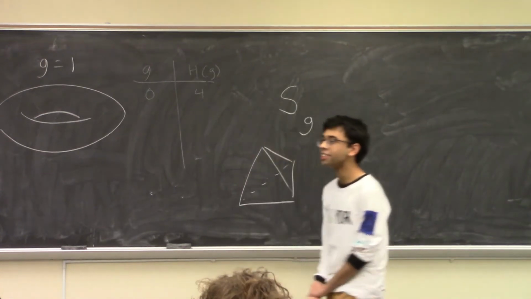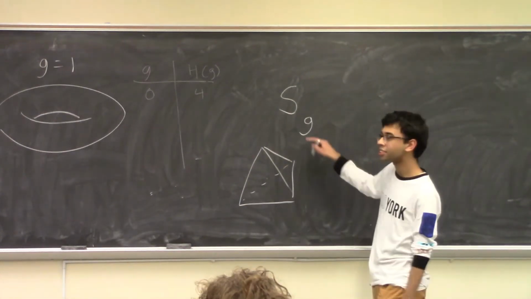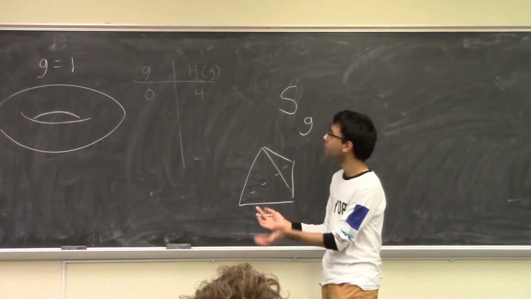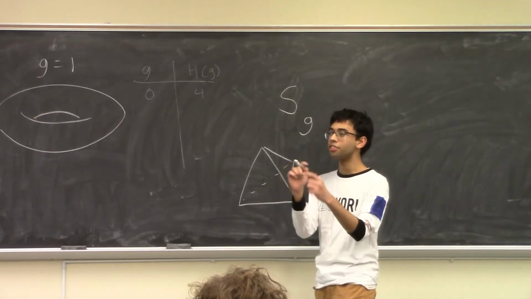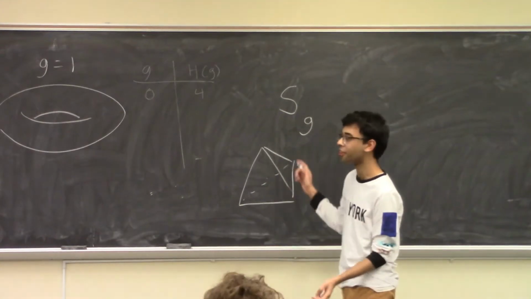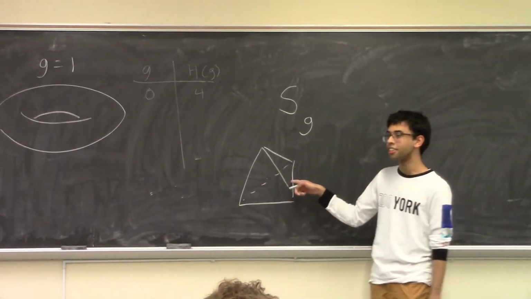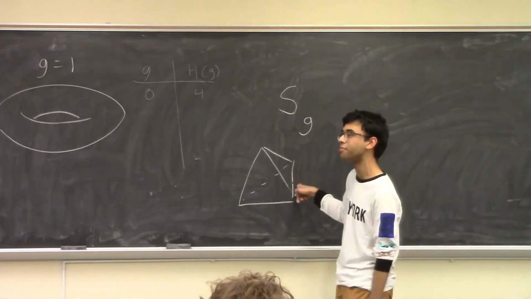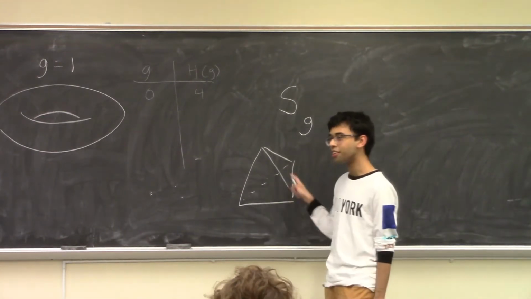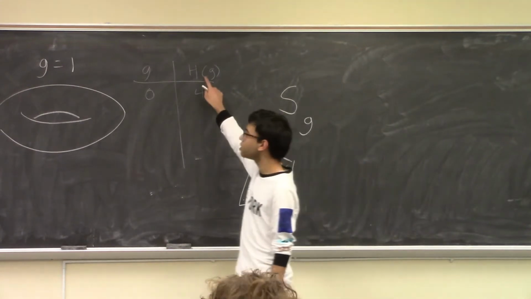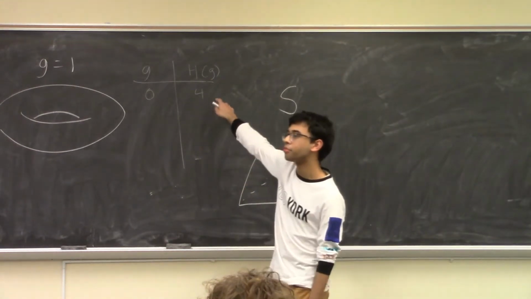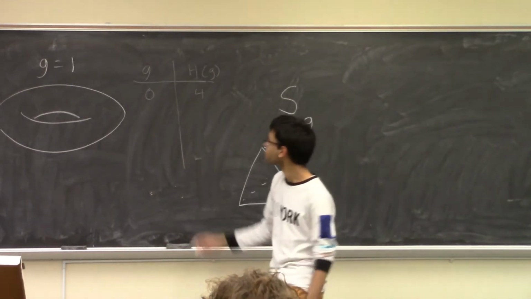What that's saying is that on the surface of genus 0, the sphere, the maximum number of colors you can achieve such that each two colors are adjacent to each other is 4. And that's this tetrahedron. This is a maximally complete map on the sphere because it has 4 regions, and each region is adjacent to each other. And the Heawood number says that the maximum number of regions allowed is 4.